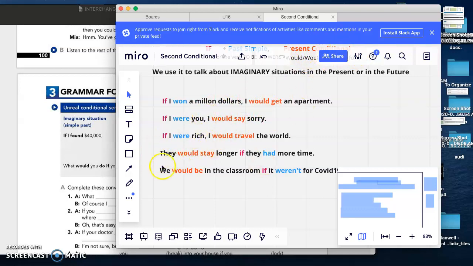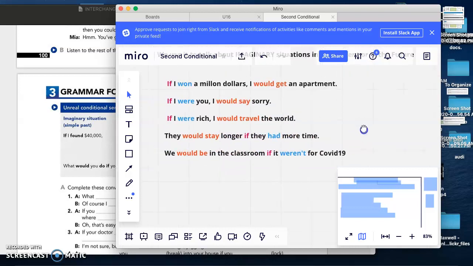Then whatever it is I'm doing with my sentence, and then if. After the if I have my subject one more time, and then I have the past simple. So, they would stay longer if they had more time.